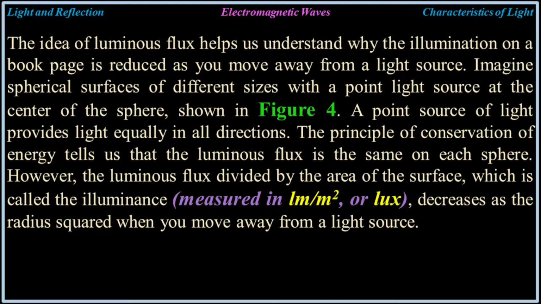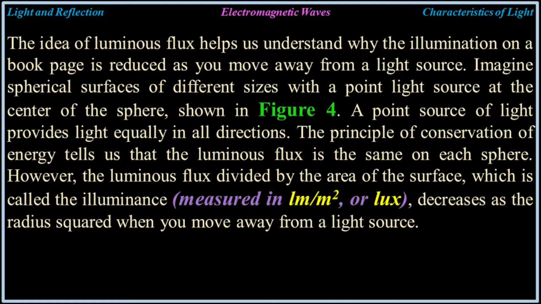Imagine spherical surfaces of different sizes with a point source at the center of the sphere, as shown in Figure 4. A point source of light provides light equally in all directions. The principle of conservation of energy tells us that the luminous flux is the same on each sphere.